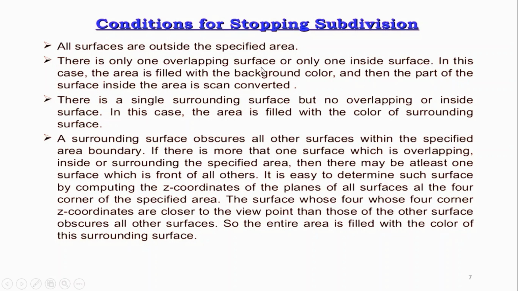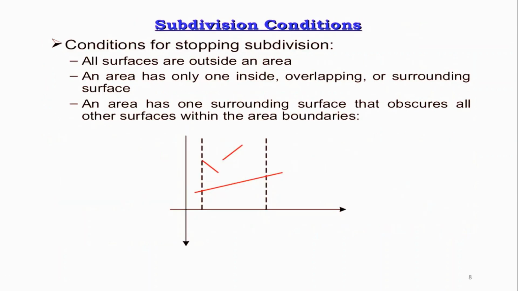If there is only one overlapping surface or only one inside surface, you can apply the background color, and then the surface can be scan converted. Sometimes there is a single surrounding surface but no overlapping or inside surface. In this case, the area is filled with the color of the surrounding surface. So based on these conditions, we can stop the subdivision.